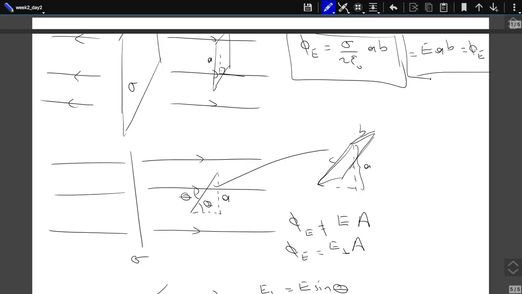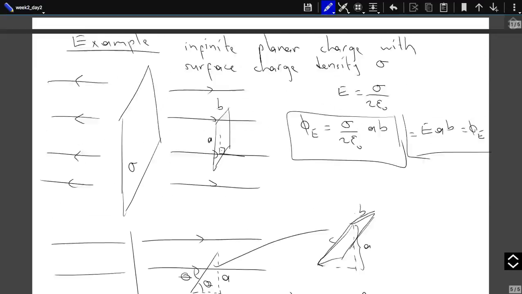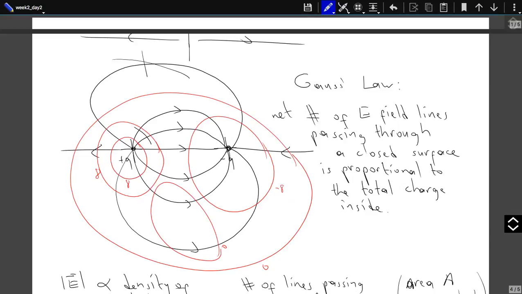Whenever you think of the flux, you can think of counting the number of field lines. Because when we deal with Gauss law, we want to count the number of field lines passing through a closed surface.